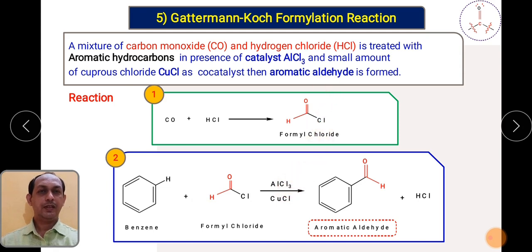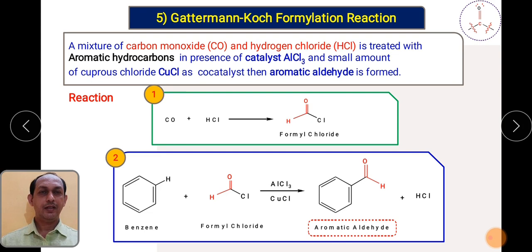Let us see the first step. As I told you, carbon monoxide and HCl are treated together. Once they react with one another, they form formyl chloride, having the formula HC double bond O Cl. In the carbonyl group, the carbon is electron deficient. The benzene ring is nucleophilic in nature because of the circular movement of pi electrons.